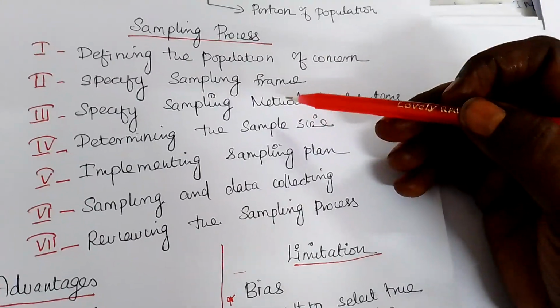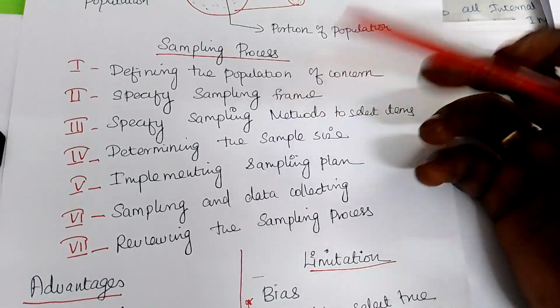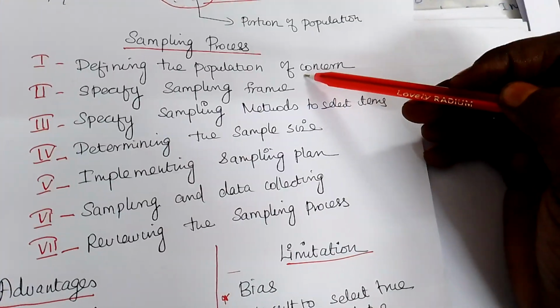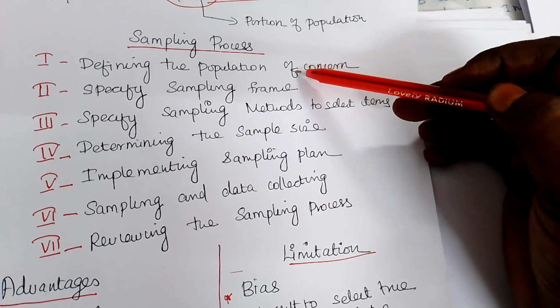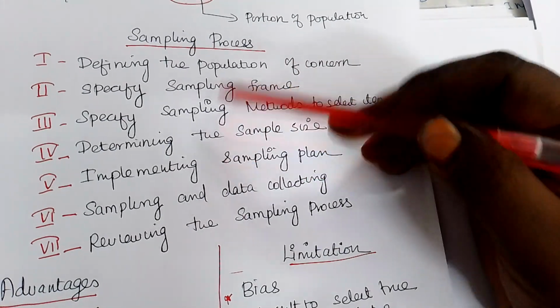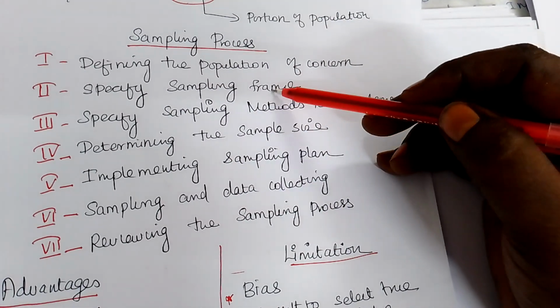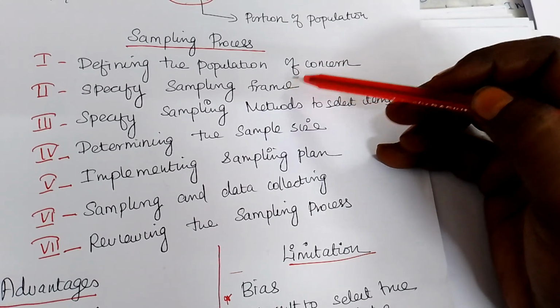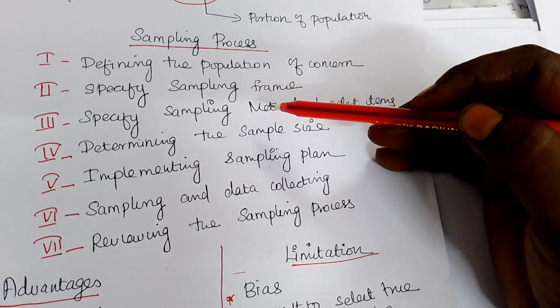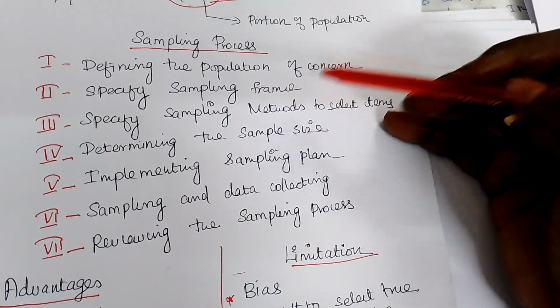Okay. What are the steps of the sampling process? First, you define the population of concern: which population you are going to study, right? And specify the sampling frame. What is the frame? For example, BSc students are going to do the study among your colleagues or some other students, or the diploma students or the school.